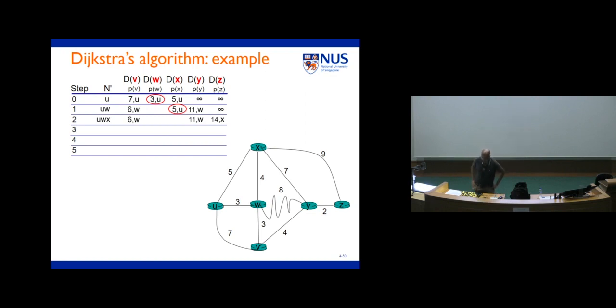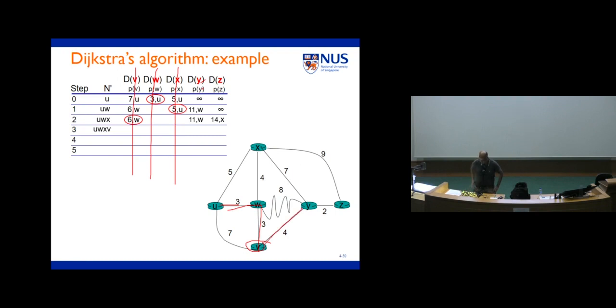Now again repeat. Now I have three things, V, Y and Z. Which is the smallest? V is the smallest. So next time I will add V to my list. So now I don't need to worry about these nodes. Now I check Y and Z. I will go to V first, which is a cost of 6. Now, how about Y?